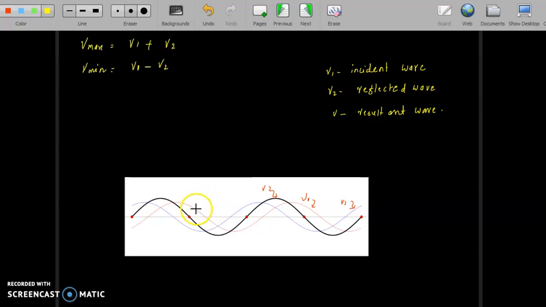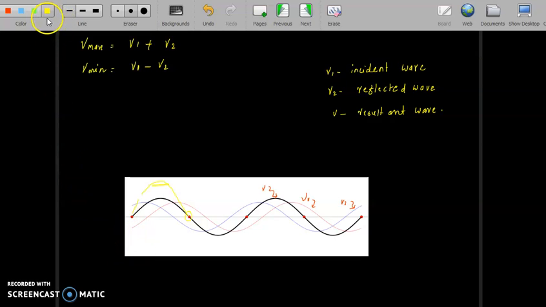If the reflected wave and incident wave are of the same magnitude, V minimum is this one. And V max would be here, because the wave shape will grow up to here, and this becomes 2 times the incident or reflected voltage magnitude.